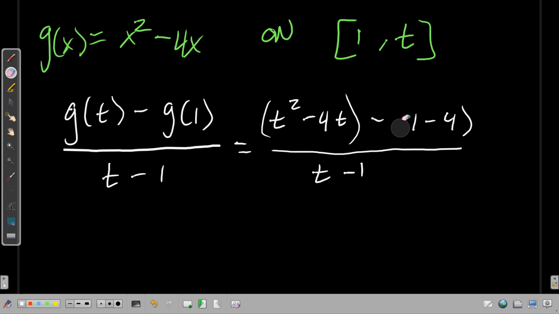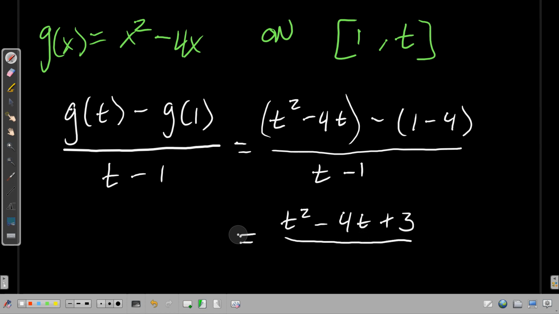I'd hate for you to write this and get it wrong. Okay, so this numerator just says t squared minus 4t minus a negative 3, and it's over t minus 1.